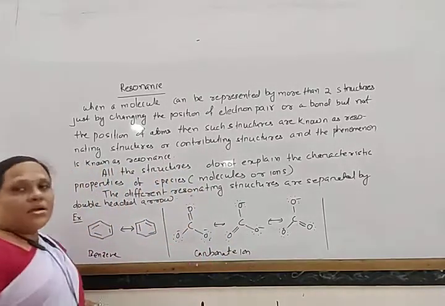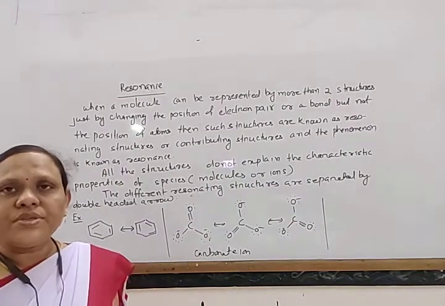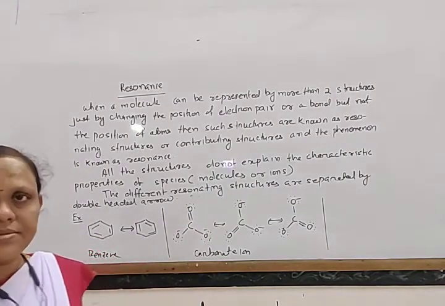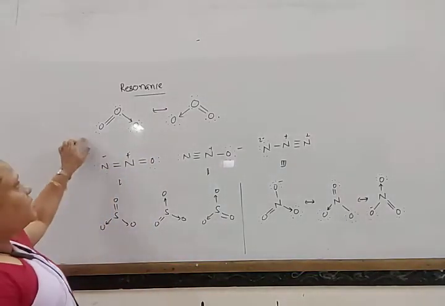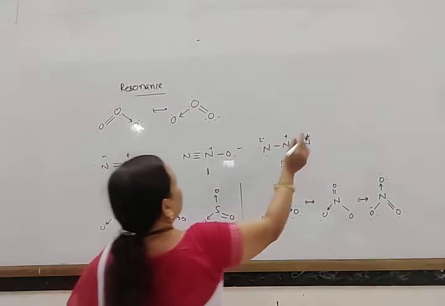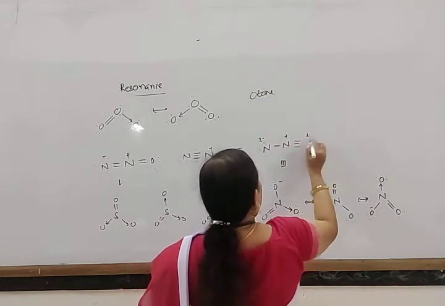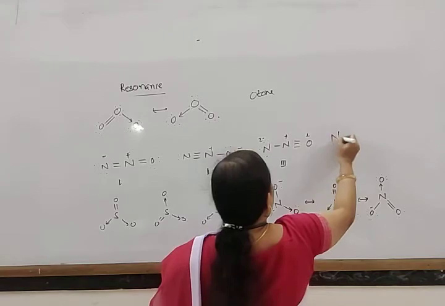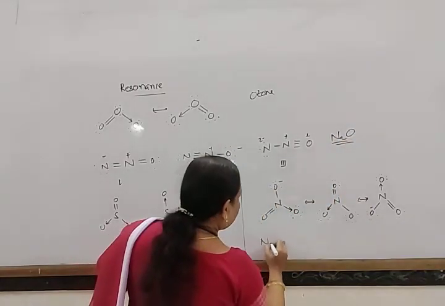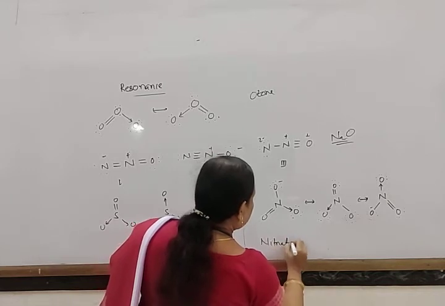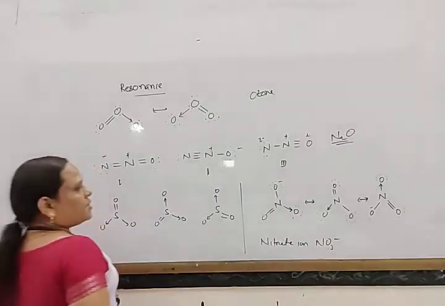Carbonate ion. Now let us draw the resonating structures of some other species. Look here, this is the resonating structure of ozone. This is the resonating structure of N2O. This is the resonating structure of nitrate ion, NO3 minus.